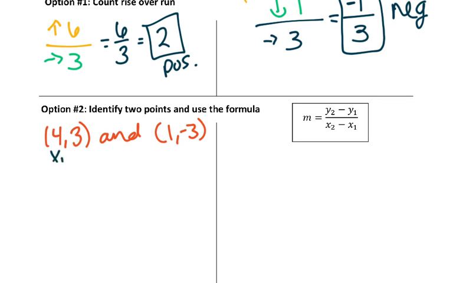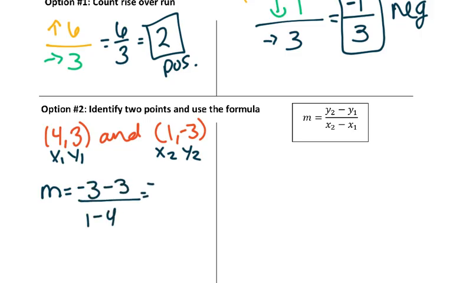All right, so we would have x1, y1, x2, y2. I would have m equals negative 3 minus 3 divided by 1 minus 4, negative 6 divided by negative 3, which is a positive 2. Notice that we get the same exact answer, which we should. One is we just counted on the graph, one is we used the formula.